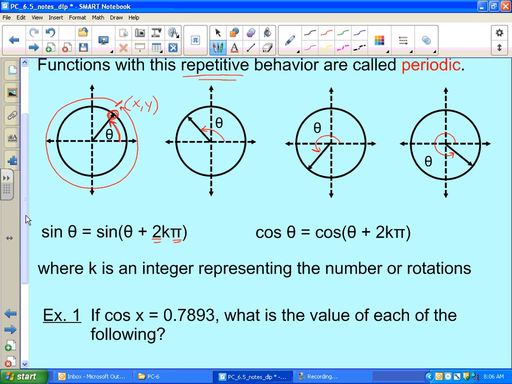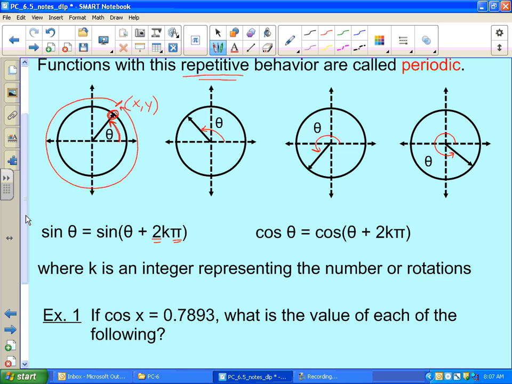So we can represent multiple solutions to this, meaning we can have different angles that produce the same x, y value, if every time for sine and cosine we always rotate another full circle, or 2 pi radians, which takes us back to that same location.